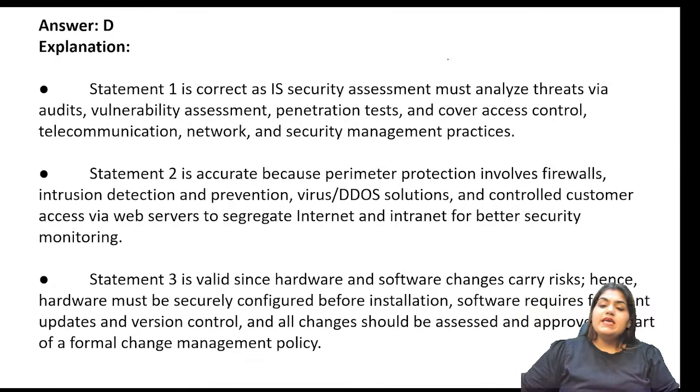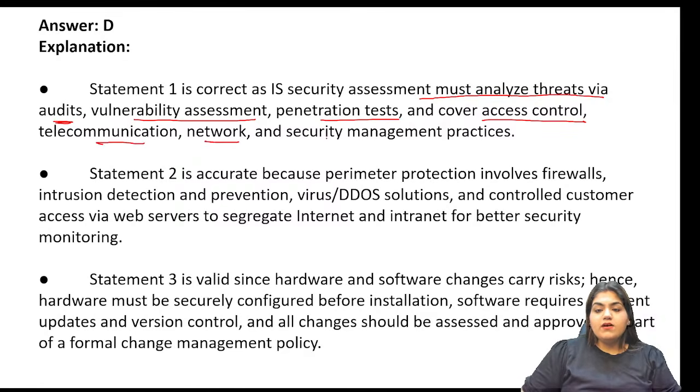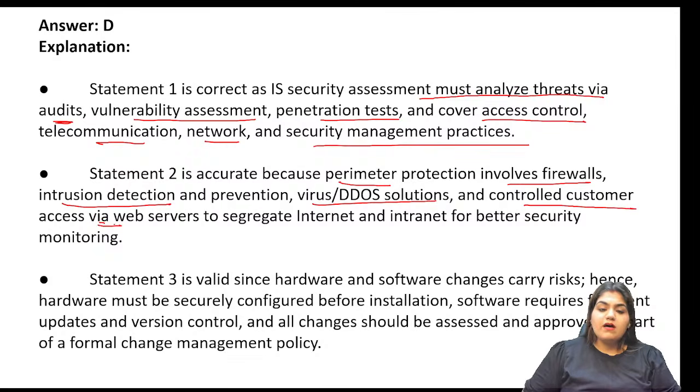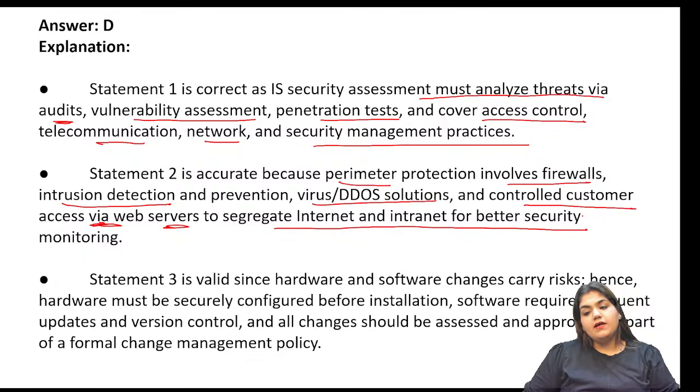See, IS security assessments must analyze threats via audit, vulnerability assessment, penetration test, and cover access control, telecommunication, network and security management practices. Perimeter protection involves firewalls, intrusion detection and prevention, virus and DDoS protection, and controlled customer access via web servers to segregate internet and intranet by better security monitoring.